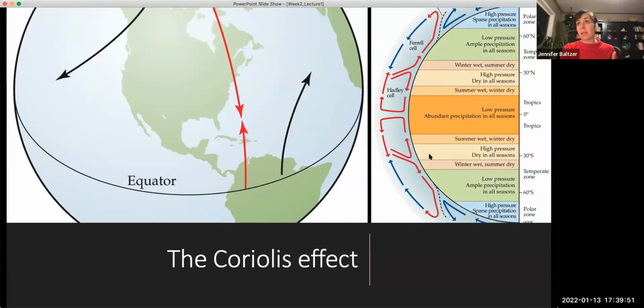And in the southern hemisphere, you'll have movement of air from this band of high pressure at 30 degrees south northward toward the equator. Okay, so this is where these lines are coming from in this diagram. This is actually a terrible depiction of that. Sorry, this is a really bad drawing of that.